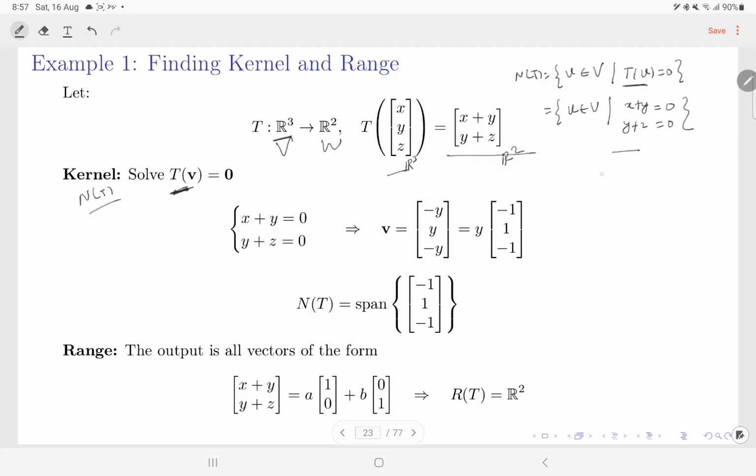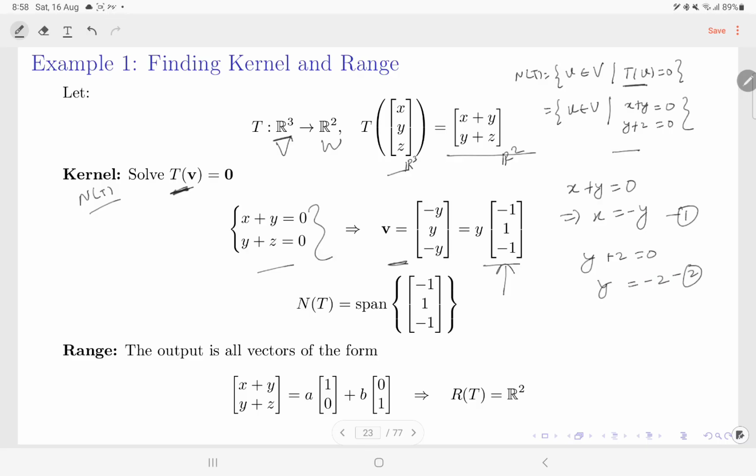When you solve this, this will be dependent and you will get V1 equal to this, and this is the basis for the nullity. Solve these two, what will you get? Let me solve it for you. x plus y is equal to 0, which implies x is equal to minus y first, and y plus z is equal to 0, which means y is equal to minus z.